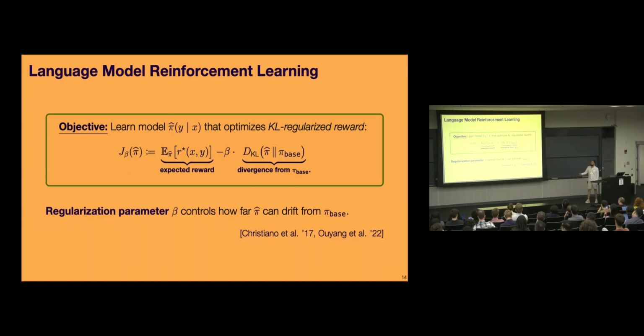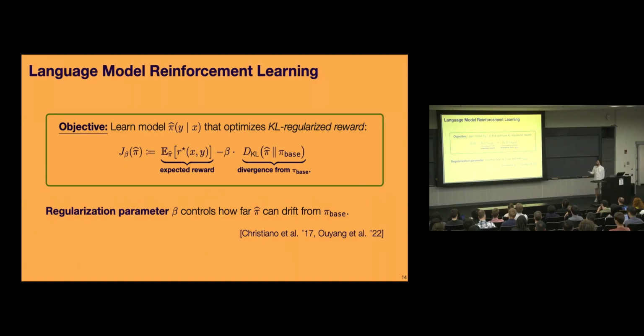The intuition is just, I want to maximize my reward, but I don't want to drift too far from the initial model and end up with crazy behaviors. This parameter beta is just controlling this trade-off: smaller beta means I can drift further away. This beta is going to come into the theoretical results I'm going to present, so it will make an appearance throughout the talk. Okay, so that's the basic setup.